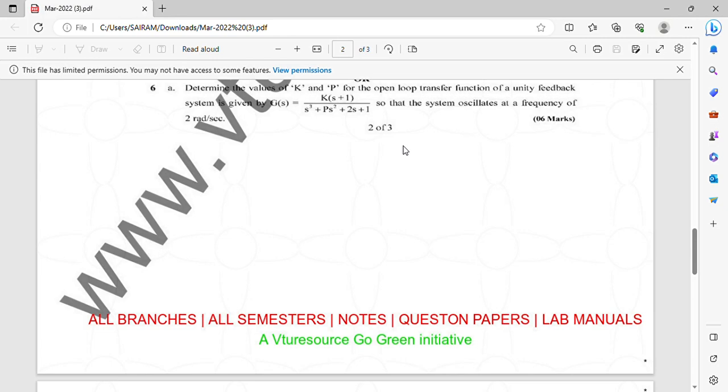That is difficult for you to calculate the rows, and also difficult for the evaluator to check. For your benefit and the evaluator's benefit, start the Routh-Hurwitz problem on a fresh page and finish within one page, so that it is very helpful. Let's start with the problem.